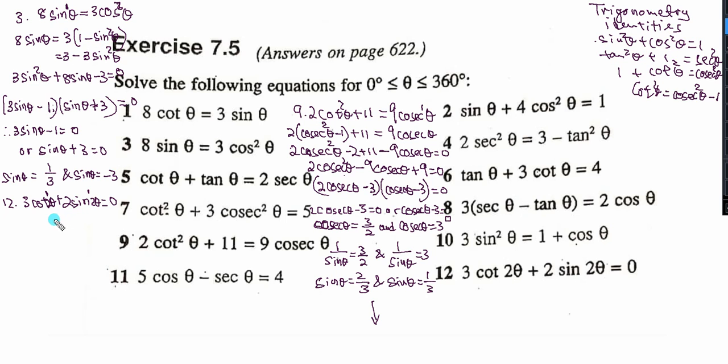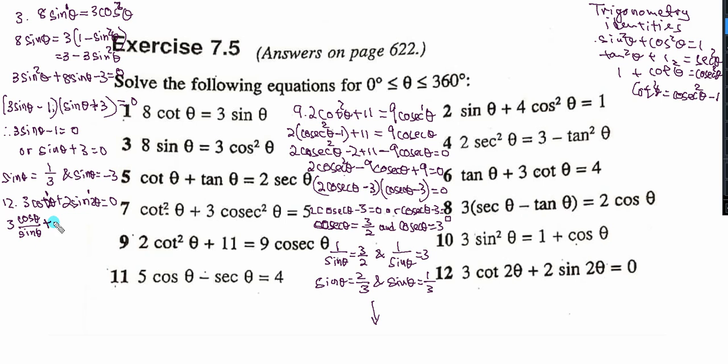Now, what about this? There is no term where you have a square. For this case, you have to do it slightly differently. You got 3 cotangent, let's convert this. This actually becomes cosine theta over sine theta.